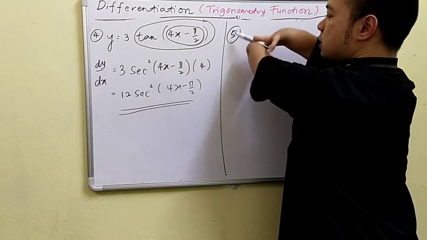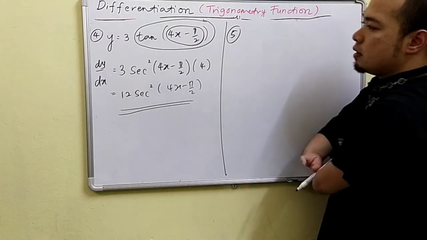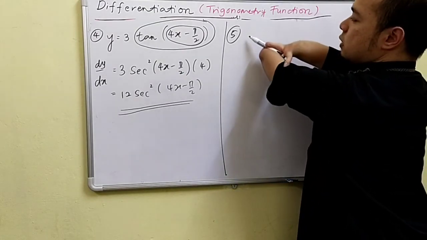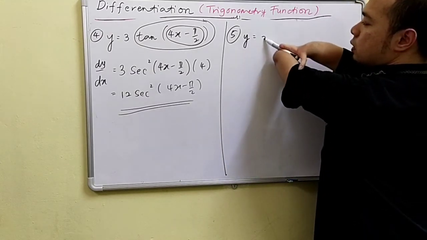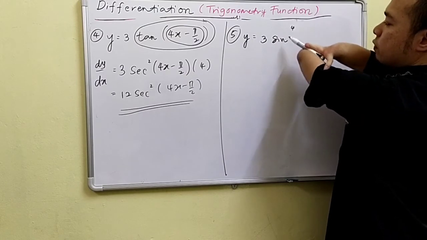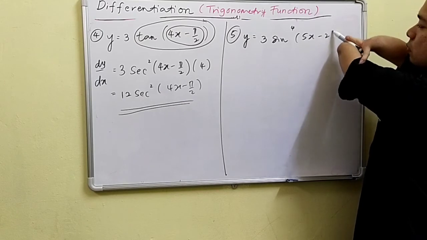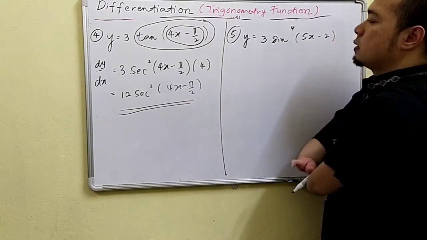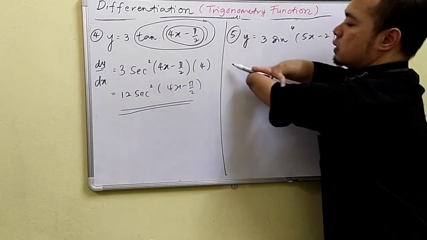Okay, next example. Example number 5. What if we have something like this? y is equal to 3 sine 4 in bracket 5x minus 2. Okay, 3 sine power 4 of 5x minus 2.